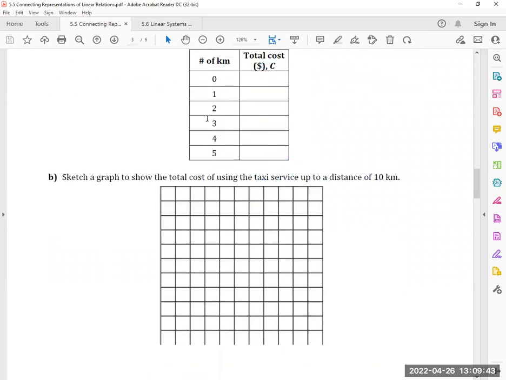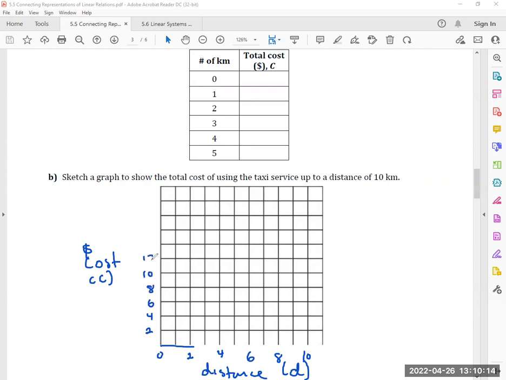So let's do it. I have distance. It's probably going to be the letter D, right? And this is cost, and that's going to be the letter C. We have 0, 1, 2, 3, 4, 5, 6, 7, 8, 9, 10. We've got $2, $4, $6, $8, $10, 12, 14, 16, 18, 20.